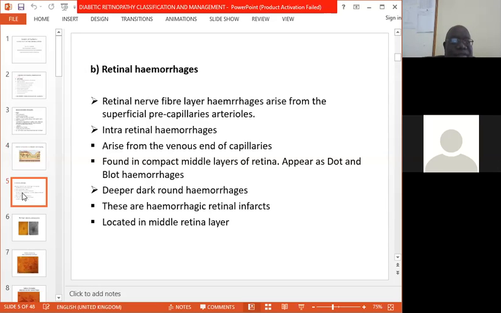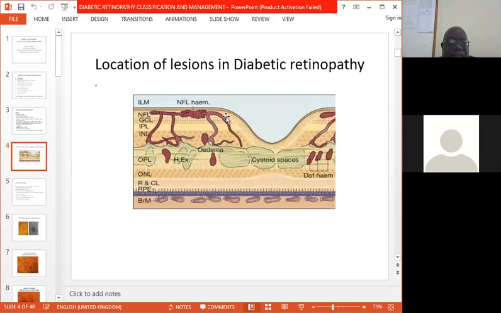Retinal nerve fiber layer hemorrhages arise from the superficial precapillary arterioles. Look, the ones which are out here. When they break, you have bleeding in the superficial layer. This is the superficial layer. When you are looking into the eye, this is the first layer you see.